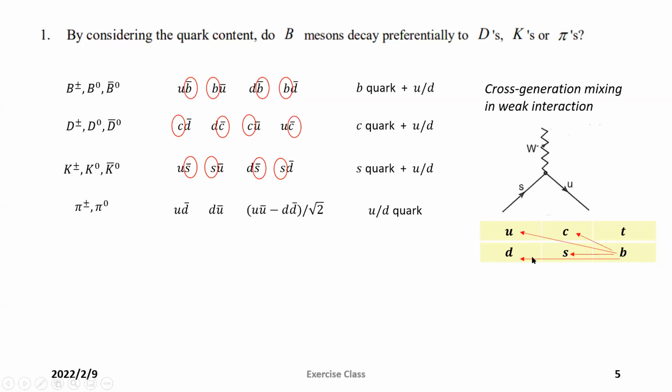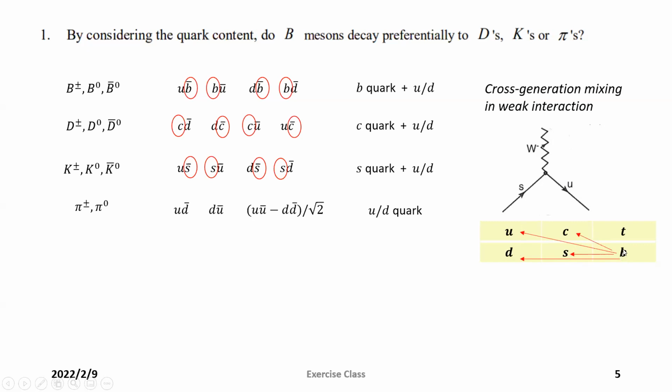But we can first rule out the possibility of D and S because they have the same charge as B, and so the transition will involve 2 vertices.